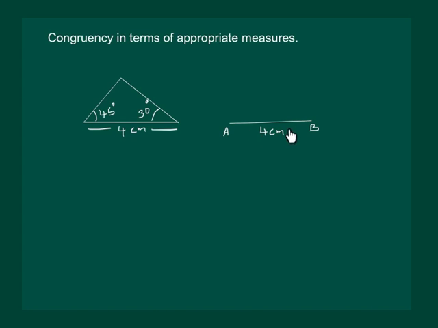You can draw a line segment AB 4 cm in length, with A as center, and using a compass we can construct a 45-degree angle. Similarly, with B as center we can draw a 30-degree angle, and these two angles will intersect at some point C so as to give a triangle ABC which will be congruent to the given triangle.